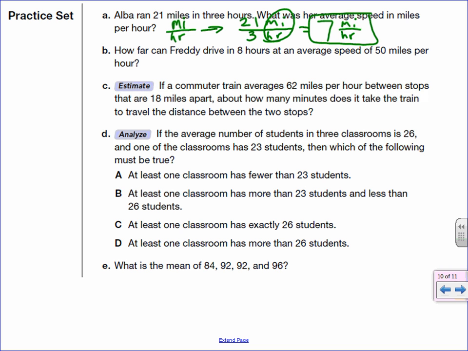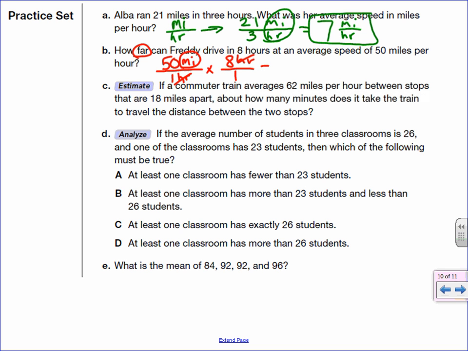How far can Freddie drive in 8 hours at an average speed of 50 miles per hour? So if I write 50 miles per 1 hour, they ask me how far, so I know that I want miles on top, and then times 8 hours, because then the hours will go away, over 1.